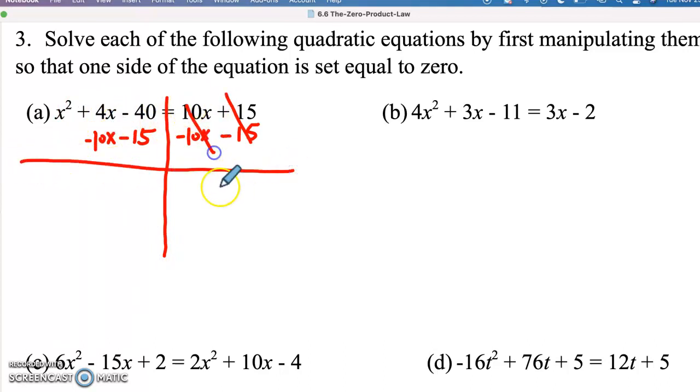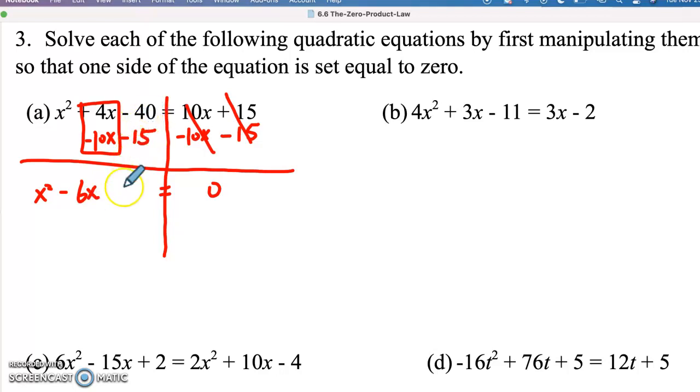Alright, so that will become 0, right? The left side, you have x squared minus 4x. Sorry, not 4x. You are combining those two terms, so 4x minus 10x, that gives you negative 6x.